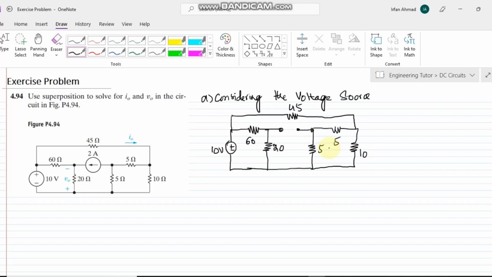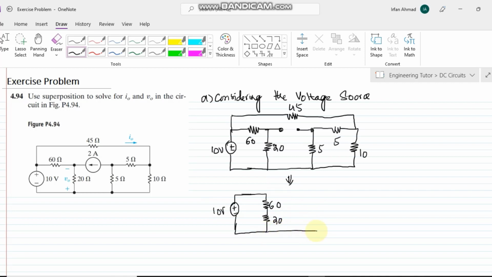So in transforming this one, let me draw it again, we can very easily see here that the circuit here will be like this one. This is my 10 volts source, this is the 60 ohm resistor, this is the 20 ohm.